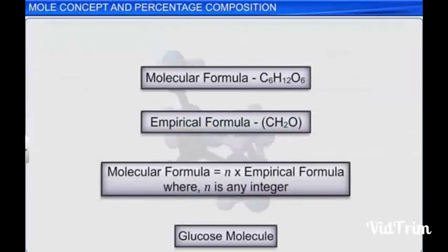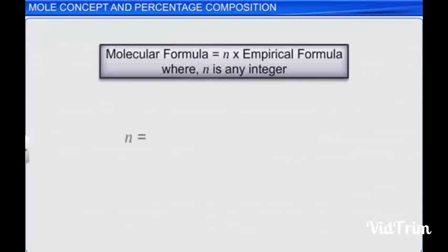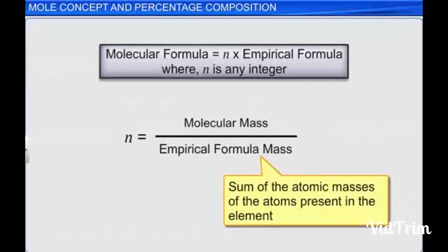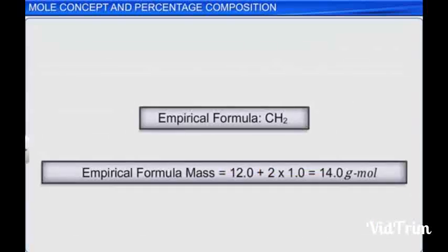The value of N can be obtained by dividing the molecular mass with the empirical formula mass. The empirical formula mass is the sum of the atomic masses of the atoms present in the empirical formula. Let's say we have a compound CH2.